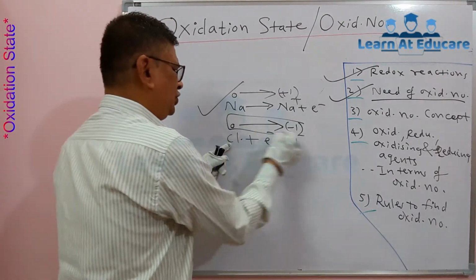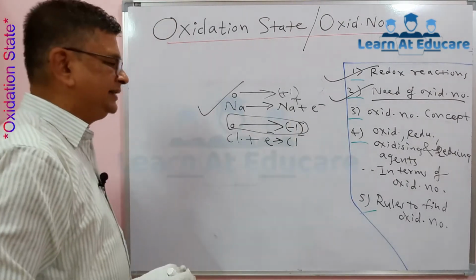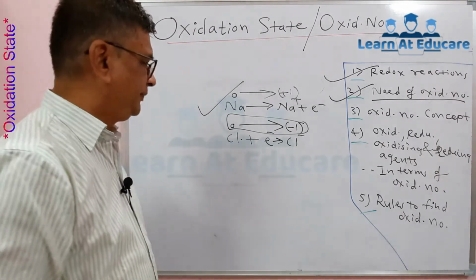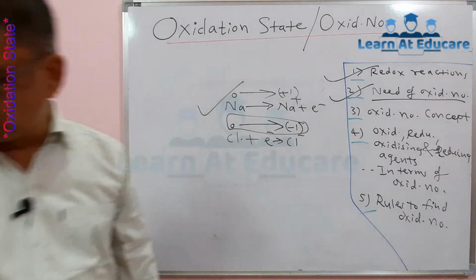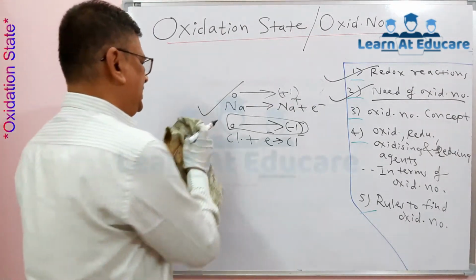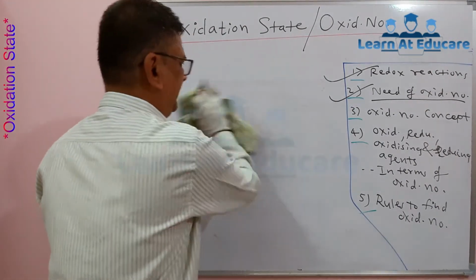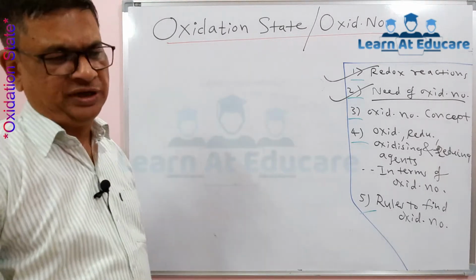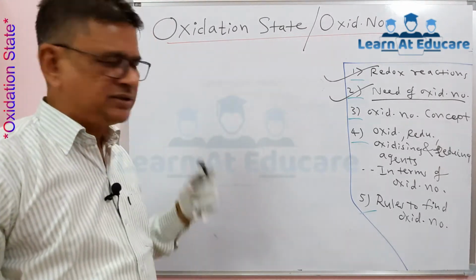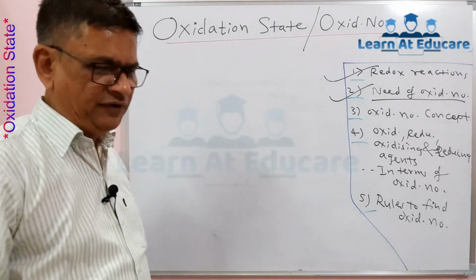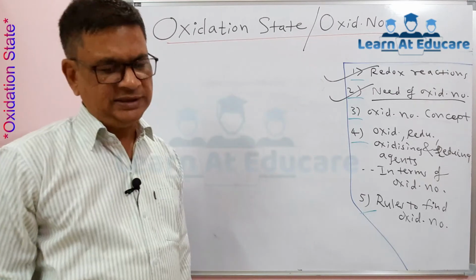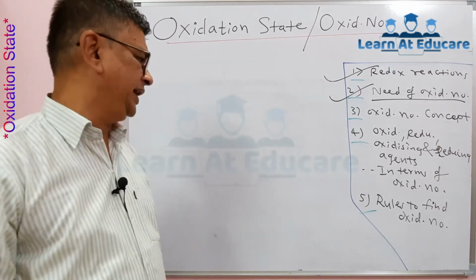So this 0 to minus 1 is reduction, that is decrease in oxidation number. Now we know the substance which oxidizes can do the reduction of another, and the substance which reduces can do oxidation of another. So in terms of oxidation number, we can define not only oxidation and reduction but also oxidizing agent and reducing agent.